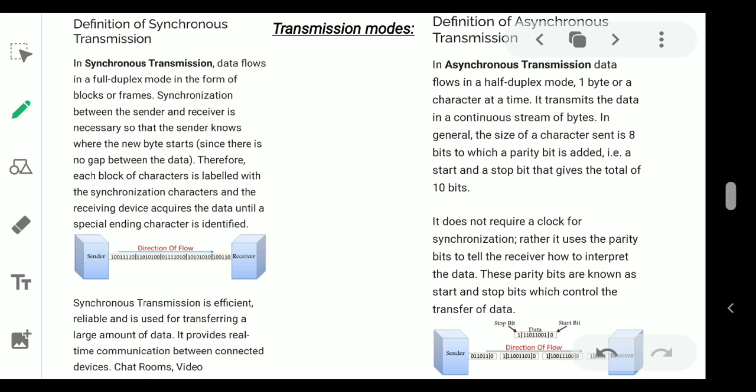First we will learn about synchronous transmission. This is an efficient method of transferring a large block of data. In this mode, before the data is sent, the sender and the receiver are first synchronized with each other with digital clock signals. What do we mean by synchronization?